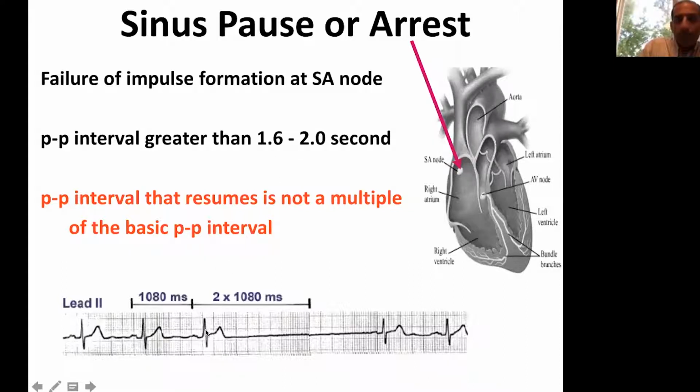If this pause is some multiple of the previous P to P interval, then we refer to it as sinus exit block, type 2. If it is not a multiple of that, then it's called sinus exit block, type 1. If you don't remember exit blocks, you can just think of it easily as a sinus pause, and different variations depend on what the interval is as compared to the P to P interval that started it.